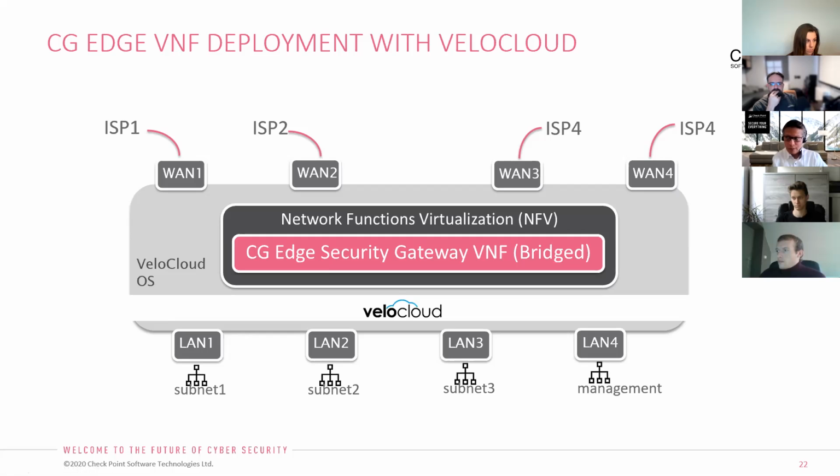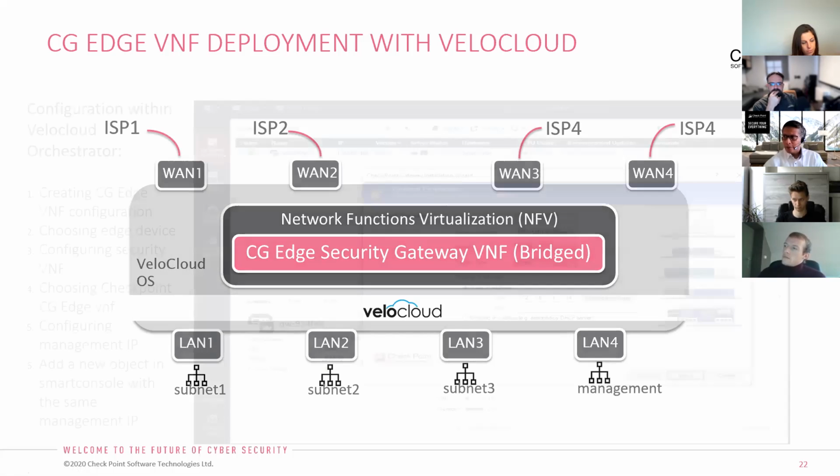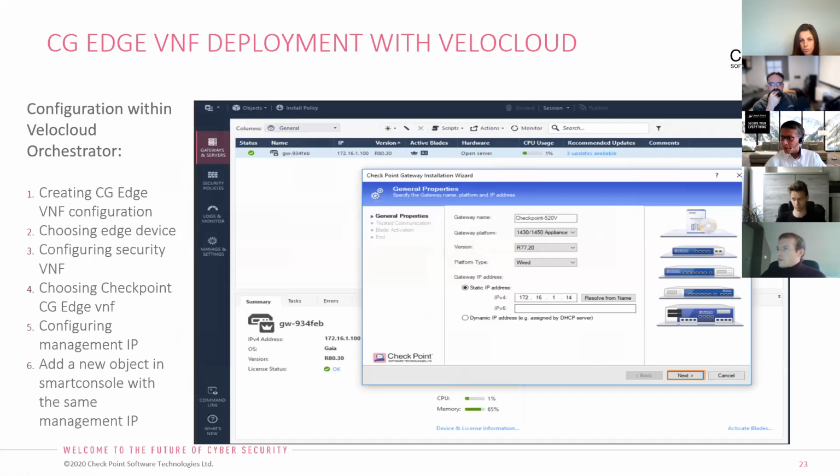So it's completely transparent, and by doing this way you can really manage your environment. So it's really, really flexible, because once it's done, you can really add, in fact, several gateways using the VeloCloud orchestration as a plugin in there. You can really choose the edge device, choosing the VNF.